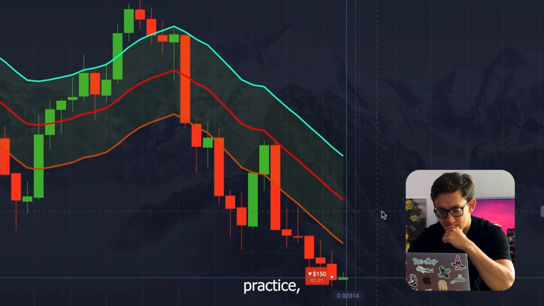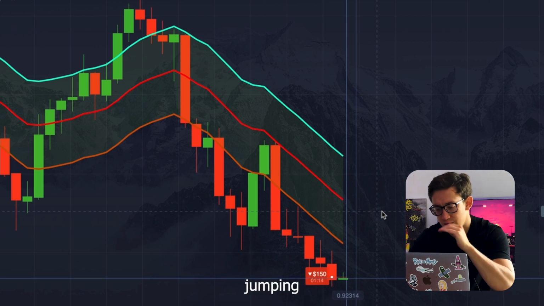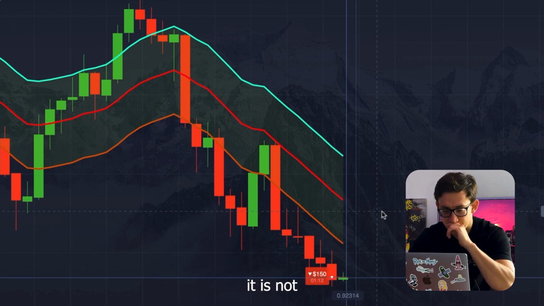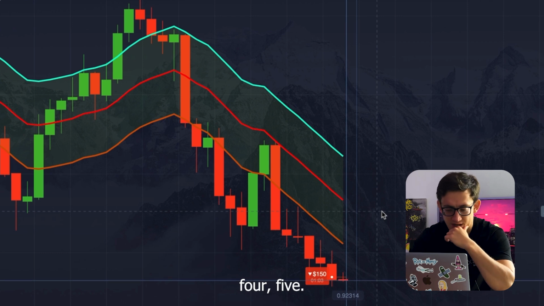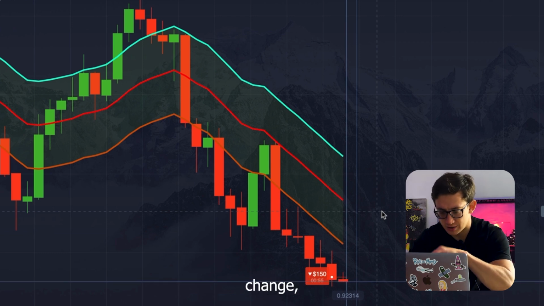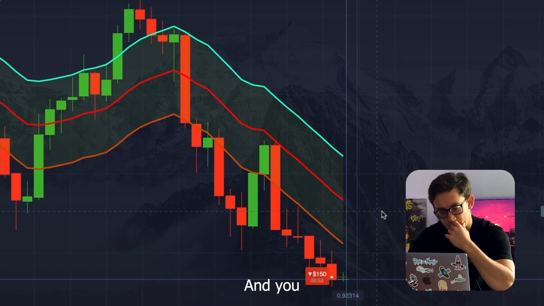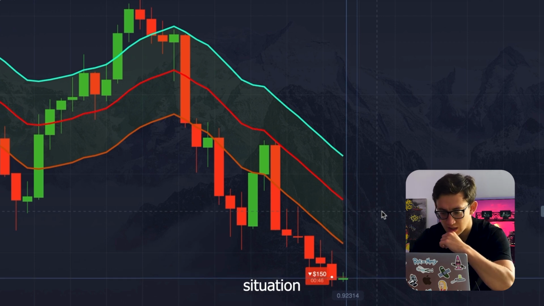In this trade, you can see that the price is jumping very quickly, and it is not good, guys, but it is just trading, you know. In 3 to 5 seconds everything can change, guys. And you must be ready for this situation, guys.